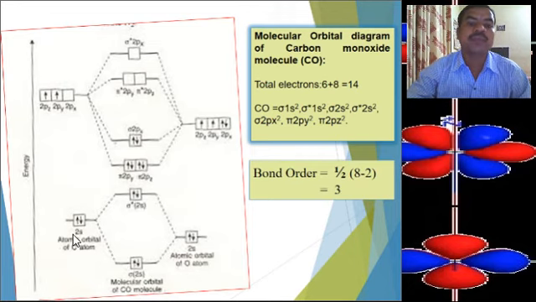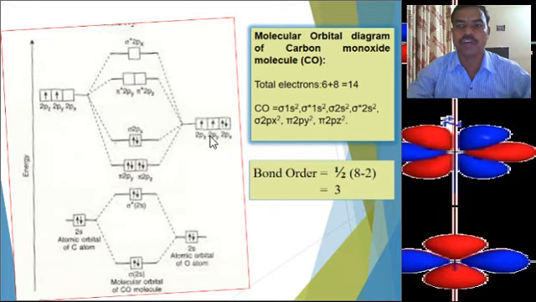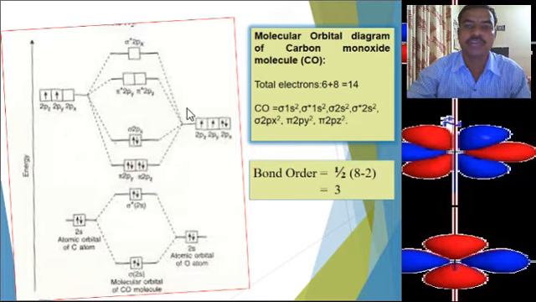These are the 2s energy level and the 2p energy level, with the atomic orbitals of carbon 2s and 2p, and the atomic orbitals of oxygen 2s and 2p.